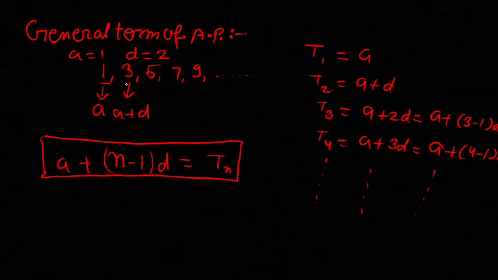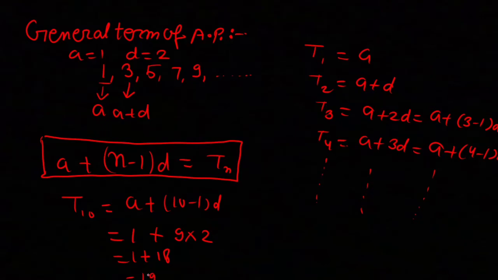Let's look at this series 1 plus 3 plus 5. If we want to find the 10th number of this series, t10 is equal to a plus 10 minus 1 d. So a is 1 plus 9 times d, which is 2. So 1 plus 18 is 19.